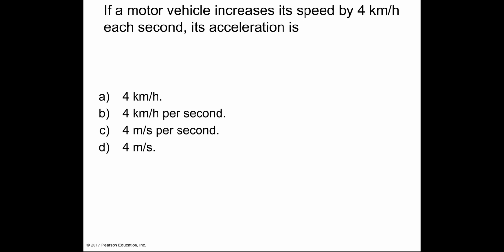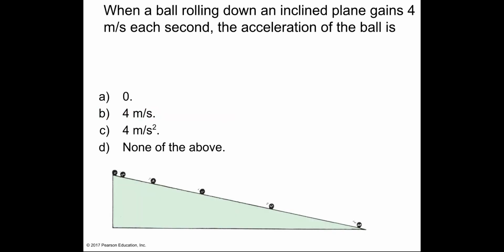Acceleration is simply speed divided by time. Okay. So 4 kilometers per hour each second. So that is just going to be 4 kilometers per hour per second because you divide that by 1 second. When a ball rolling down an inclined plane gains 4 meters per second each second, the acceleration is the same thing, right?